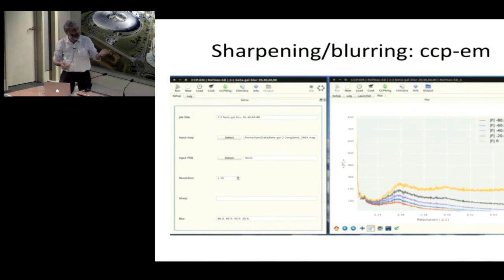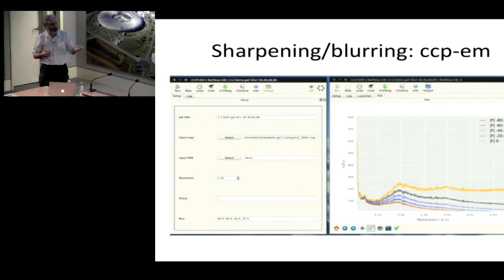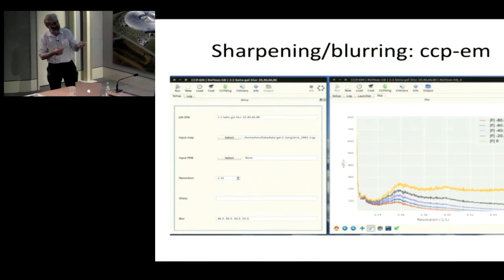Using various levels of sharpening or blurring is a good thing, and we think it should be used as a standard. I asked Tom Byrne, and he was kind enough to implement it in CCP-EM. You give your map and your blurring levels. You cannot see that, but it is there. You give different blurring levels and different sharpening levels, and it calculates the Fourier coefficients and, for each of them, the average amplitudes versus resolution.